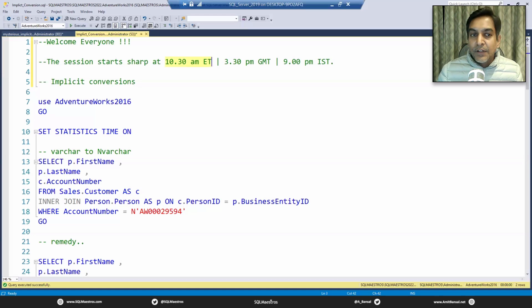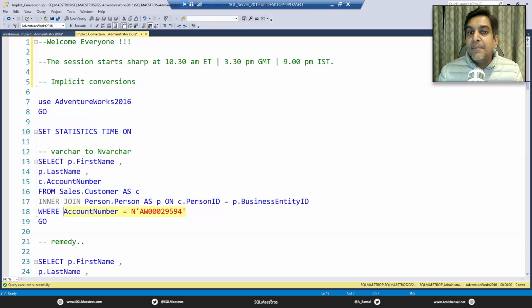Now, implicit conversion. So, what really do we understand by implicit conversion? First, let's understand the conversion aspect, which is SQL Server has to convert from one data type to another. So whenever you're writing T-SQL queries and you're, let's say, comparing, like for example here, whenever you're comparing two columns, let's say you have one column from a specific table and you have another column from another table, or maybe the same table, and you're doing a comparison.